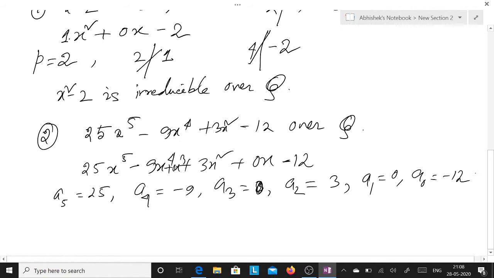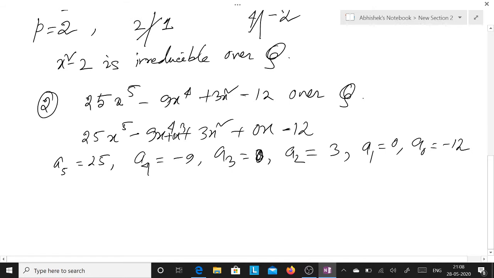We would choose the prime so as to divide all the coefficients from a4 to a0. What will be the suitable prime that we must choose? As we are looking at the coefficients, we find that you can choose 3 as a prime, because 3 will divide a4, a3, a2, a1, a0.